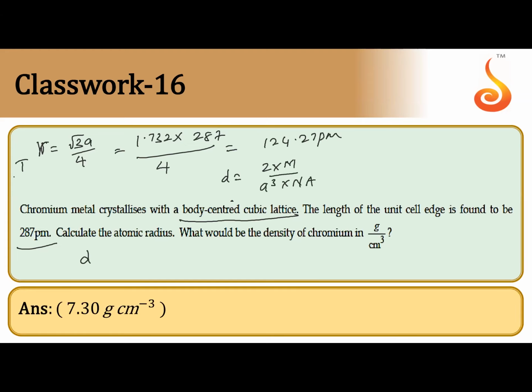Now d is equal to Z into M by a cube into NA. This is step 1, this is your step 2. For body centered, Z is equal to 2, into atomic mass of chromium, approximately 52, by the edge length converted from picometers into centimeters: 287 into 10 power minus 10 centimeter whole cube, into Avogadro number, approximately 6 into 10 power 23.